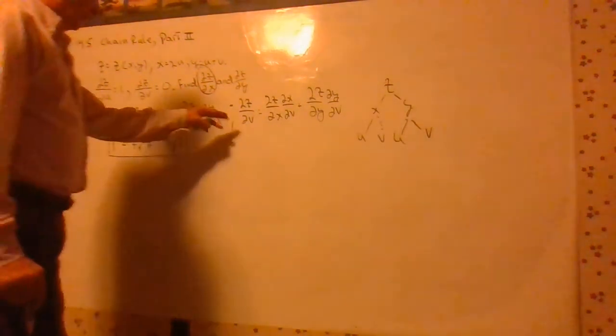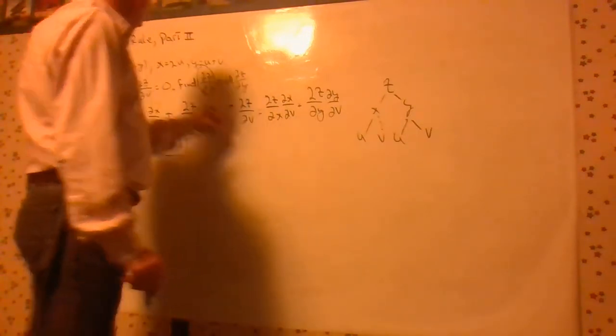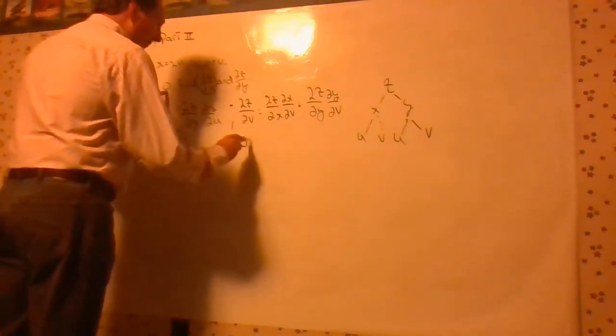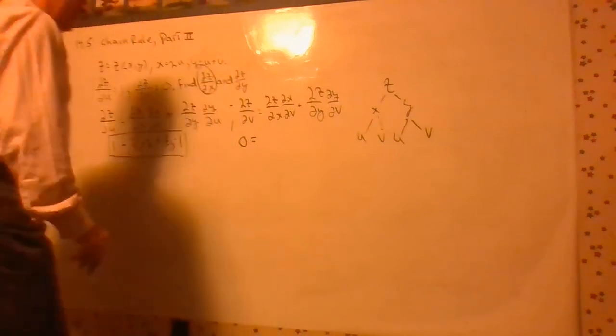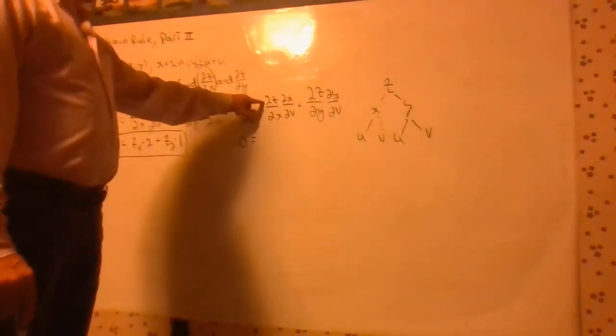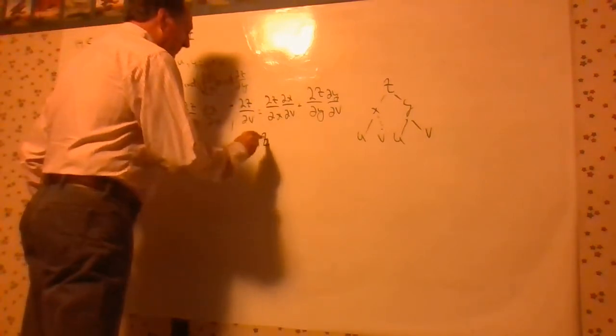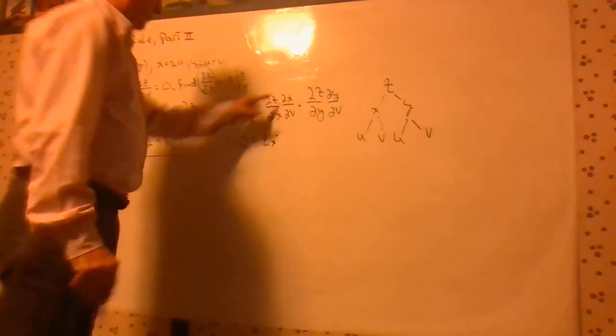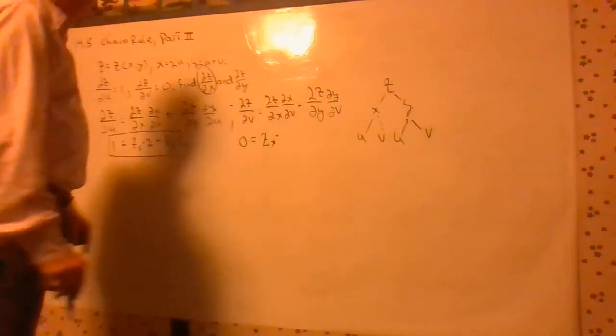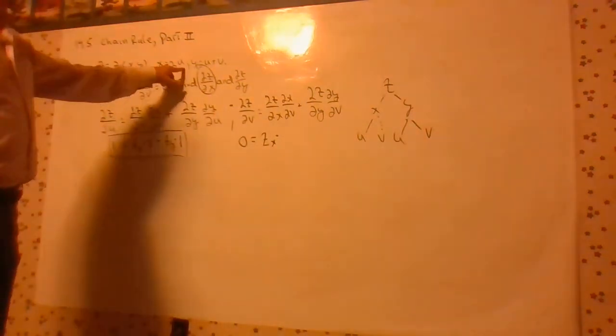Now let's look at what we have over here. Partial of z with respect to v, we're told that that's 0. Partial of z with respect to x, that's an unknown. Partial of x with respect to v, okay, that's 0.